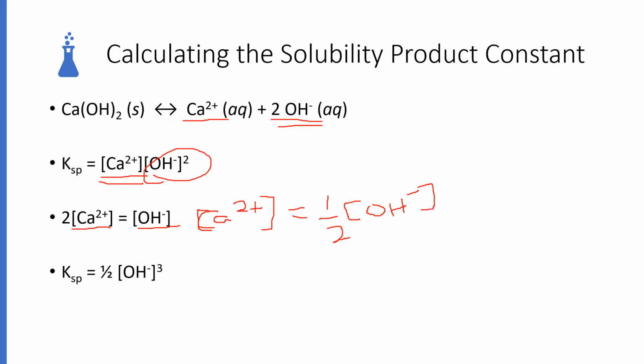Okay, and then we can plug that into the original Ksp equation. The 1/2 OH minus times OH minus squared is going to give us this final equation, which is 1/2 times OH minus cubed. Then you can just plug in your average OH minus value, and then ta-da, you have your Ksp.